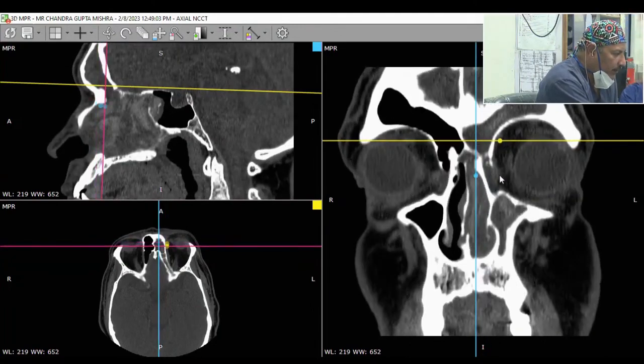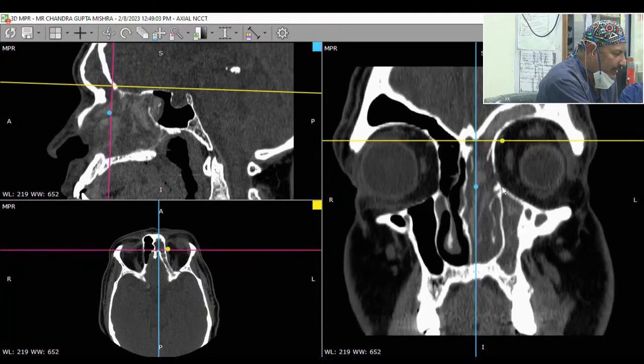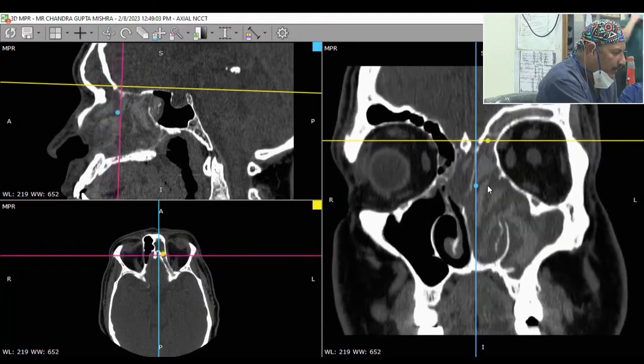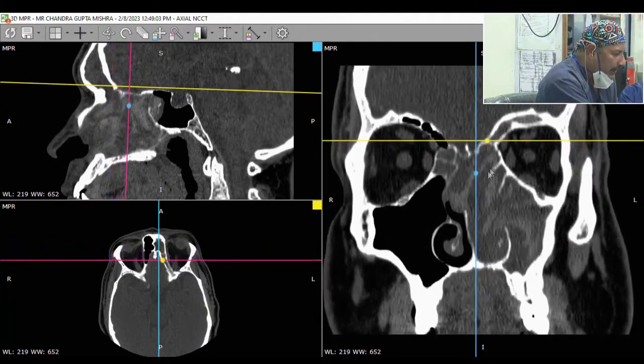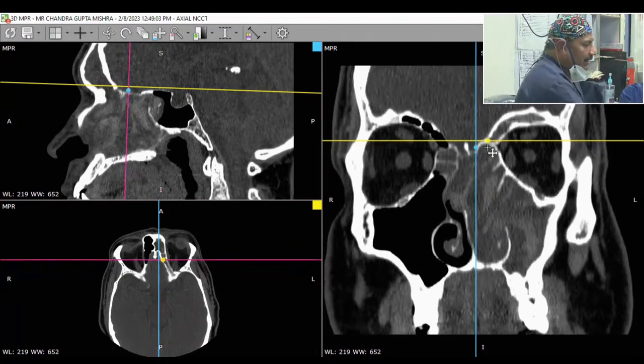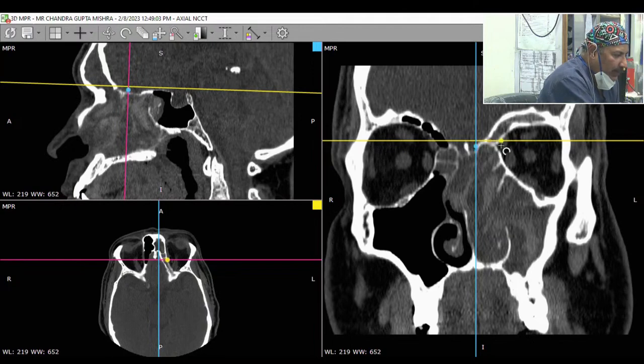Now I'm going behind: frontal recess starts, supraorbital cell starts, going behind, and now the anterior ethmoidal artery starts. See here how posteriorly it is, and where the anterior ethmoidal artery is, this is the beaking of the orbit, where the artery is living in a bony canal from here to, see, this is the olfactory fossa of the brain.